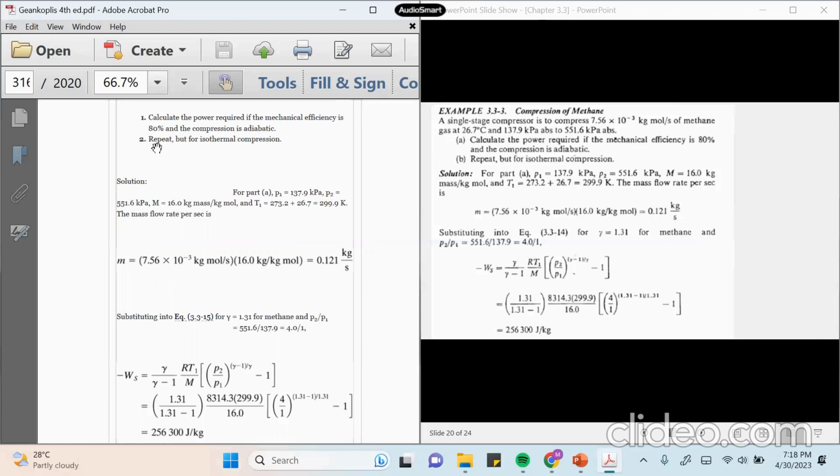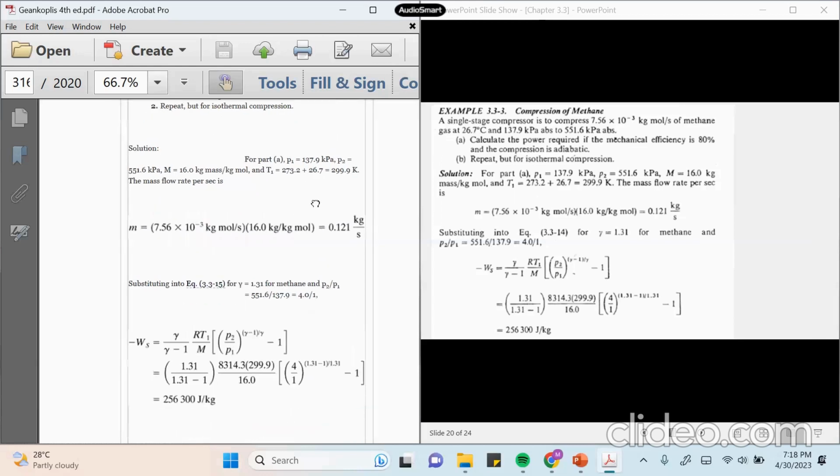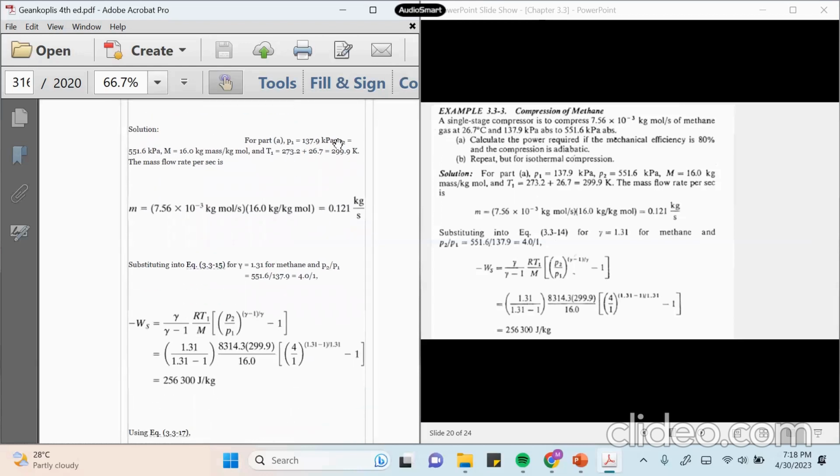And then the second one, repeat, but for isothermal compression. So for part A first, we know P1, we know P2, we know methane's molecular weight is 16, and T1 is this. So I can get the mass flow rate using the modified PV equals nRT. Okay, so I get mass.